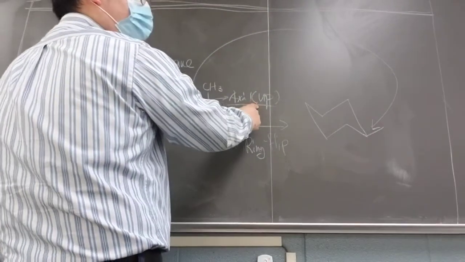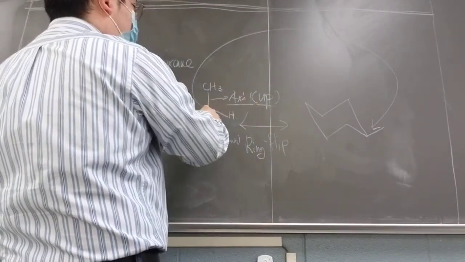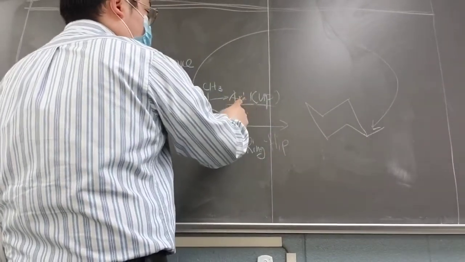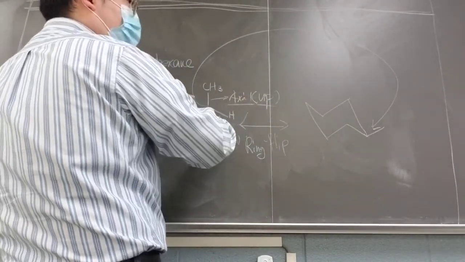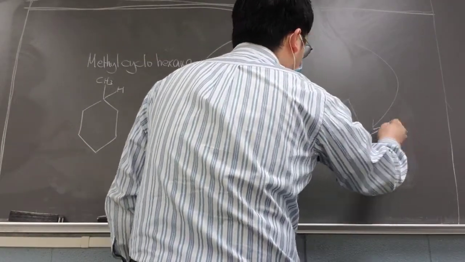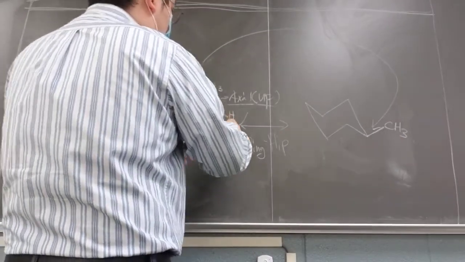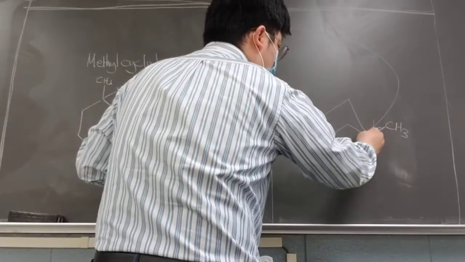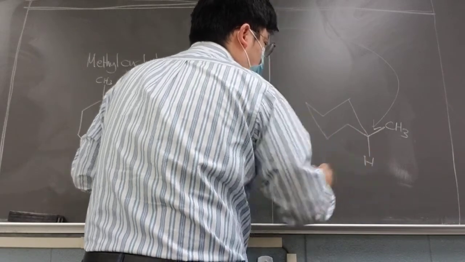Because it was up, so it's always up. Once it's up on here, it has to be up in here, but just equatorial position now, because now it's heading down. Okay? So this is going up. And now this hydrogen was the equatorial position down, and now is axial down.